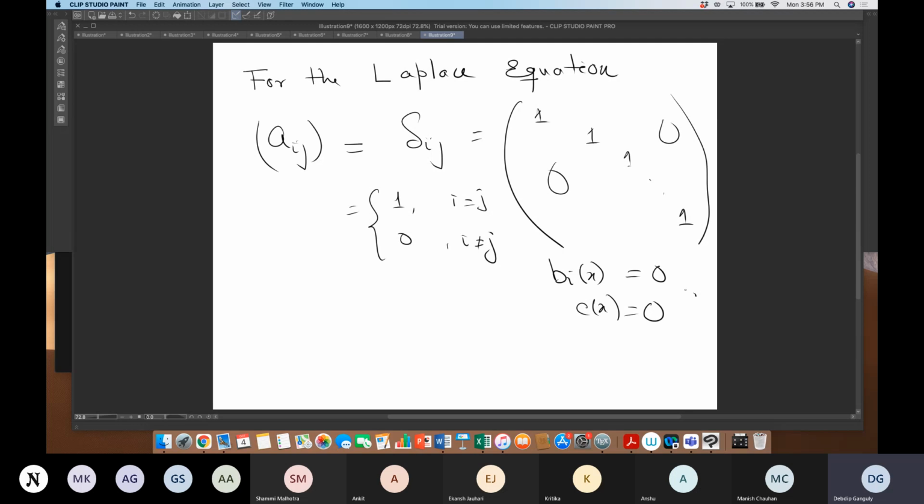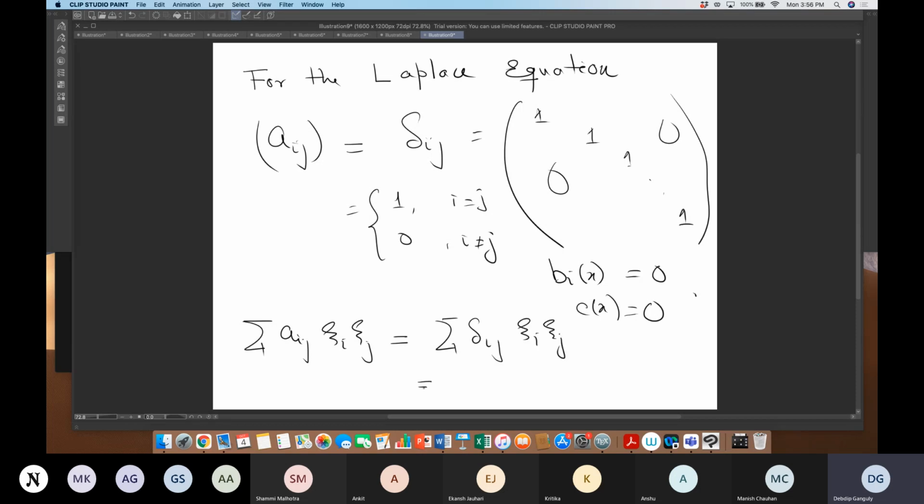Now you tell me whether this is an elliptic equation. Yes or no? Yes, sir. Because a_ij xi_i xi_j, what is this? For delta, this is summation delta_ij xi_i xi_j.